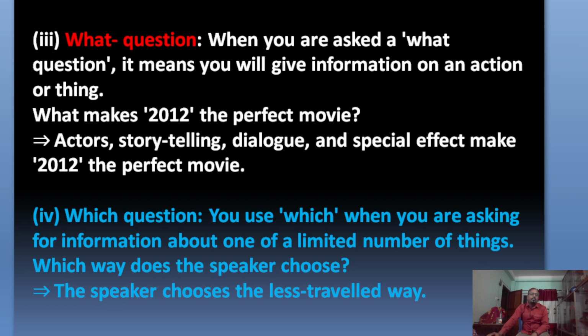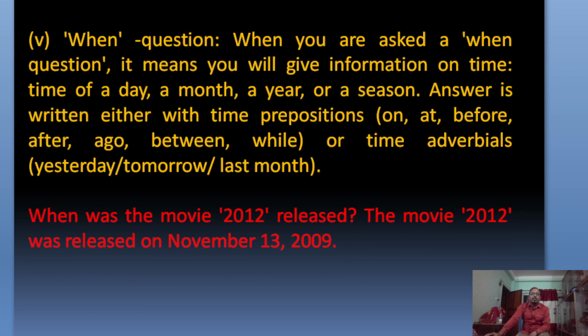Now come to the next type of questions. Here we are going to face the when question. When you are asked a when question, it means you will give information on time: time of a day, a month, a year, or a season.